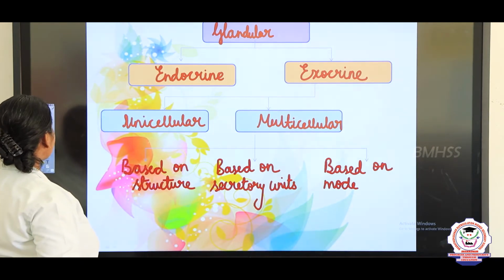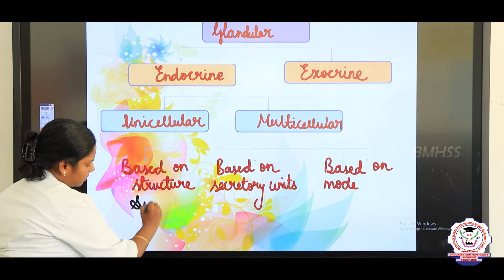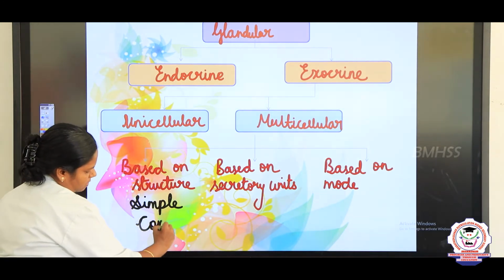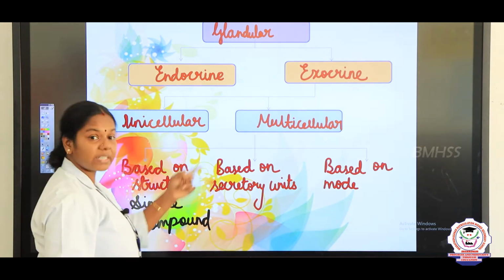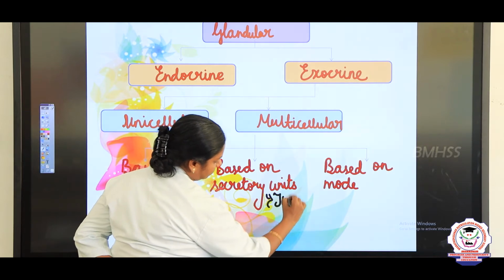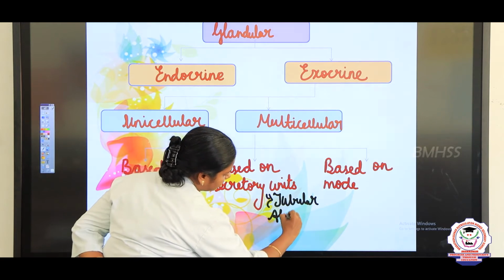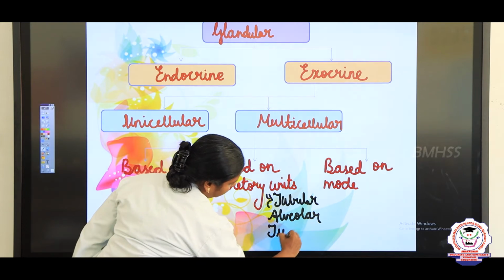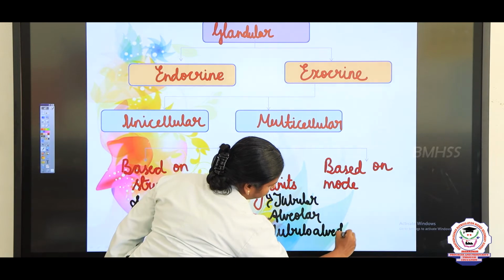So, now we are going to see what are all the classification. Based on structures, they are divided into simple and compound. And based on their secretory units, they are classified as tubular, alveolar and tubulo-alveolar.